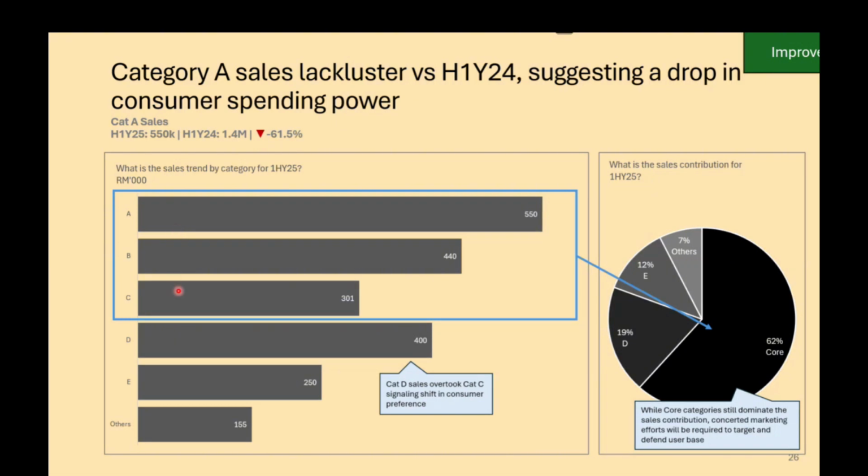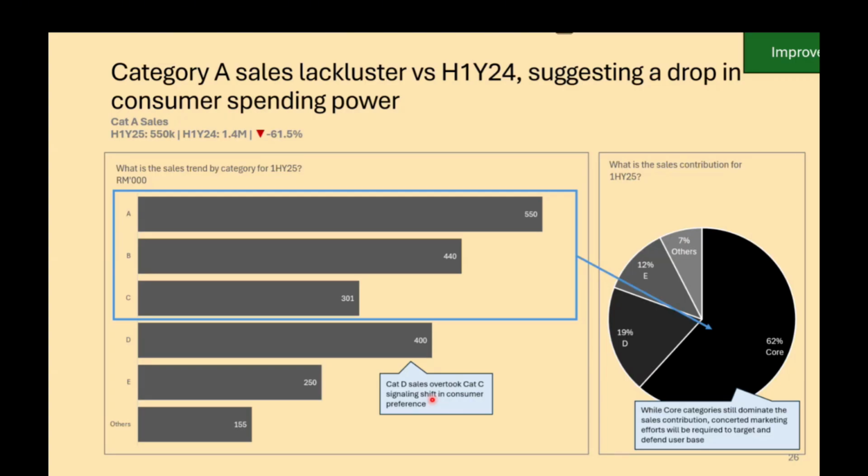I'm going to see ABC is being highlighted. I am not looking into this yet. And then I will see here, core category dominates marketing effort, and I will then move up here to category D, sales overtaken, signaling shift. So I am already creating anticipation for the resolution of this page. I am creating my aha moment here.